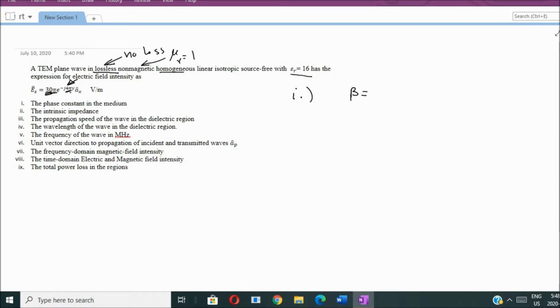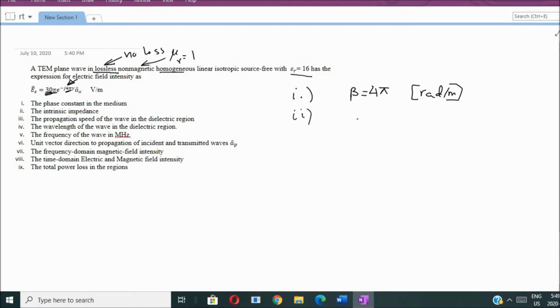So beta equals 4 pi, and the unit is radians per meter. This is my first quick answer.